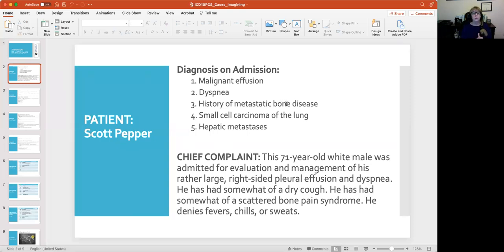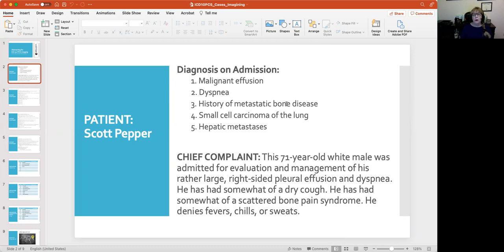Okay, chief complaint. This 71-year-old white male was admitted for evaluation and management of his rather large right-sided pleural effusion. Remember, right side is always going to be the side of the patient, okay? The right-sided pleural effusion and dyspnea.